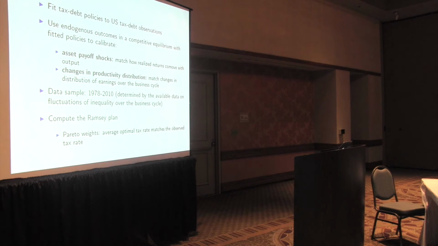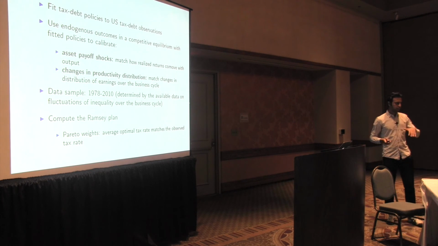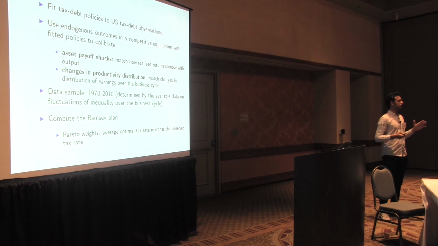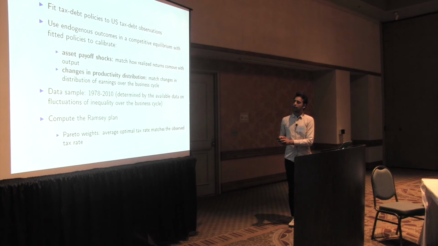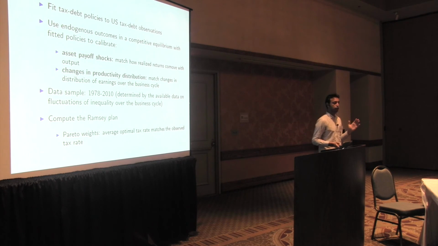So what we're going to do is first take an arbitrary policy that best describes the US tax policy, solve for a competitive equilibrium using this policy, and calibrate the payoff and the productivity distribution using the endogenous outcomes in the competitive equilibrium to what we saw in the data. Then fix Pareto weights such that the average optimal tax rate matches the observed tax rate. So that's the disciplining device for Pareto weights.